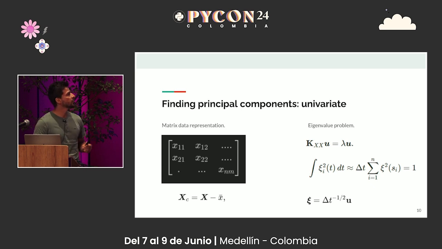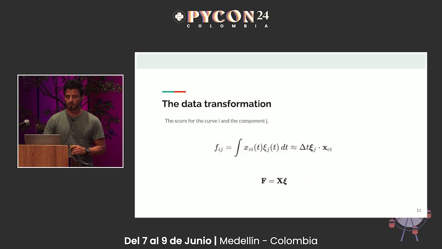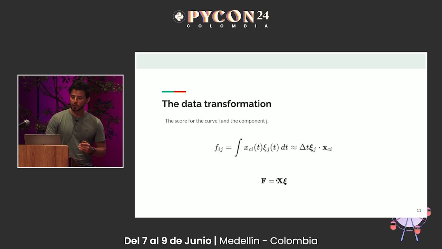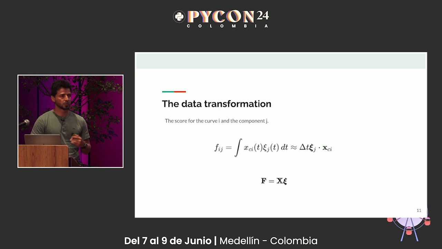So at this point, we have reduced this problem of principal component analysis for functional data to the classical principal component analysis of multivariate data sets. And finally, the transformation for this is very easy. You have, again, to take into account the integral approximation, and the scores are the multiplication of these two matrices.